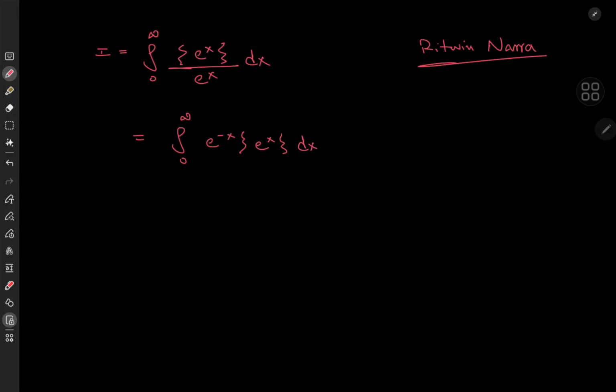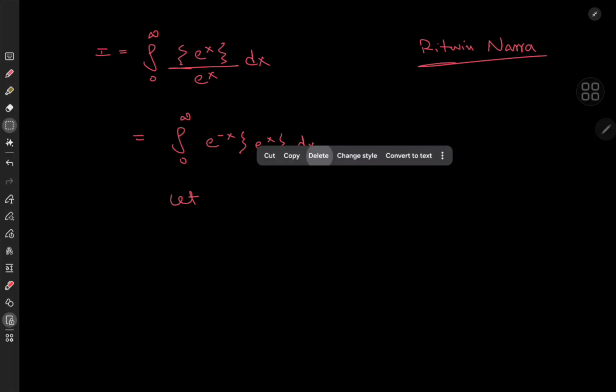And now we could introduce a transformation that is letting e to the minus x equal u, and this implies that negative e to the negative x dx is equal to du. And hold up, is that the actual idea I had? Oh, no, of course not. In fact, the transformation was something completely different.